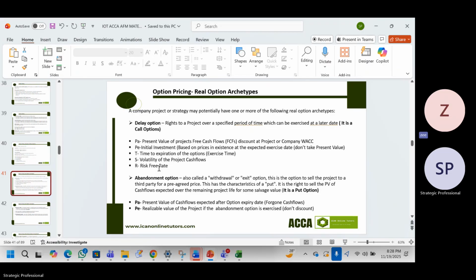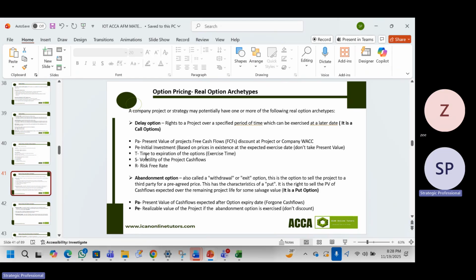The time to expiration of the delay is before. Everything is before. So we now have these two: PA and PE.